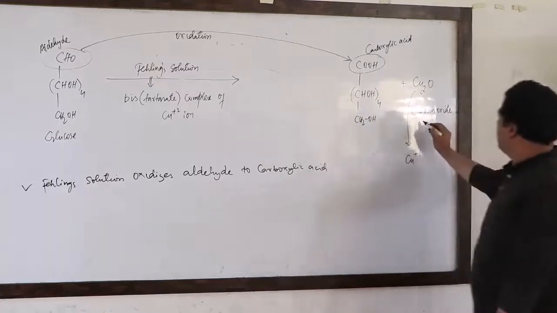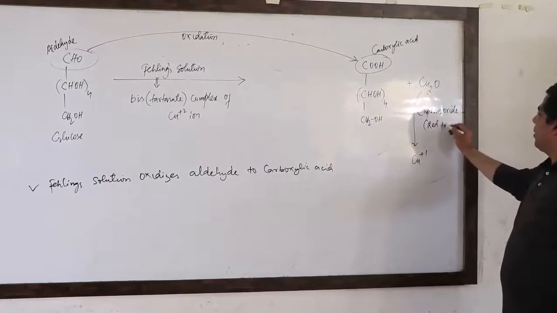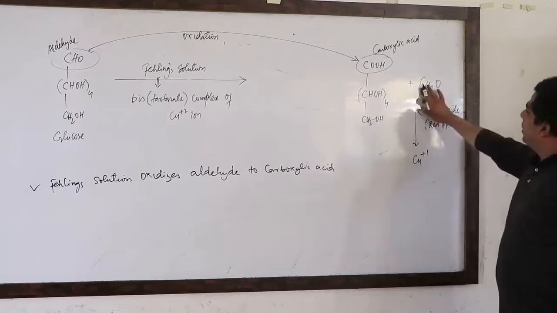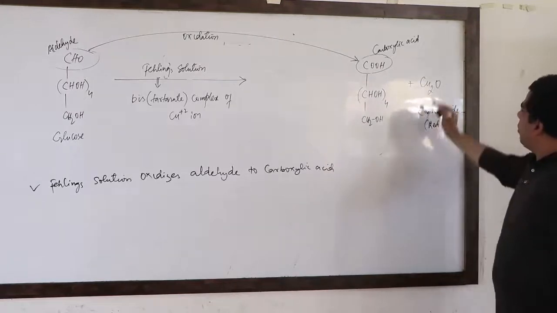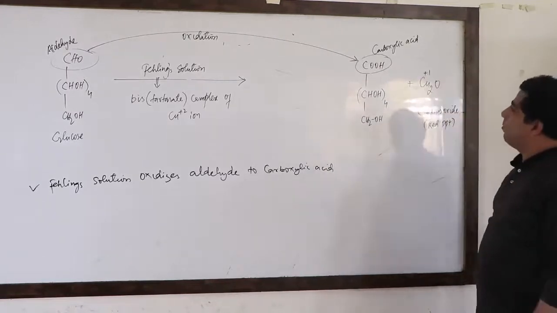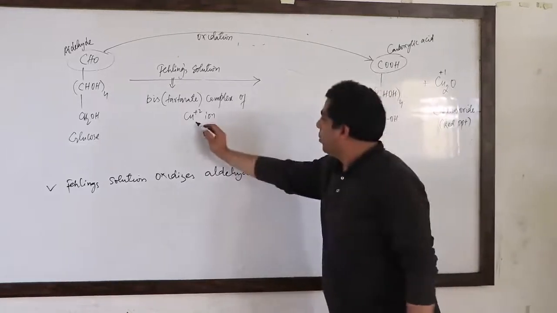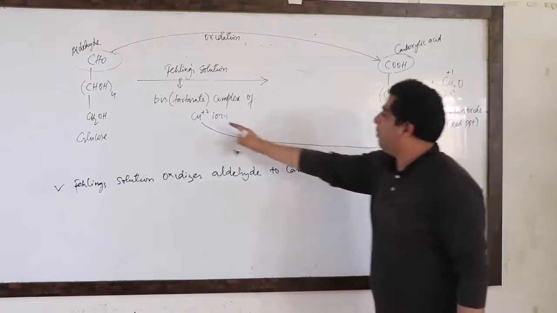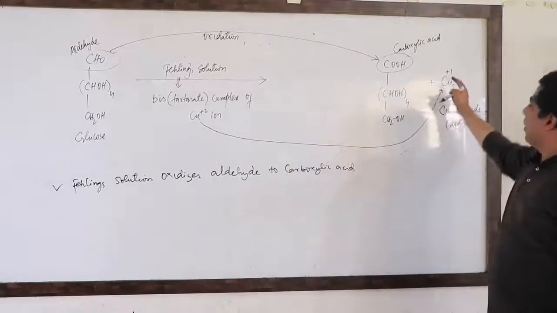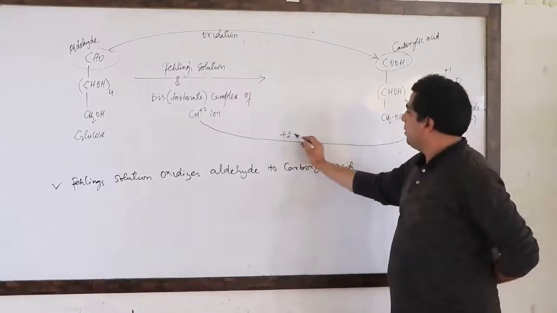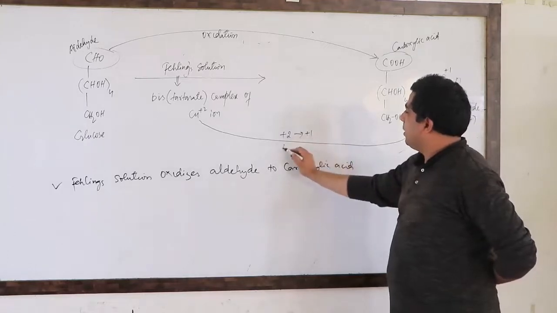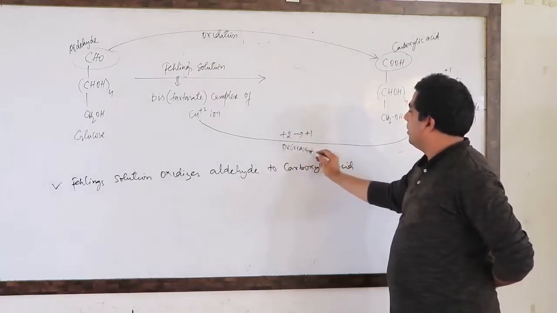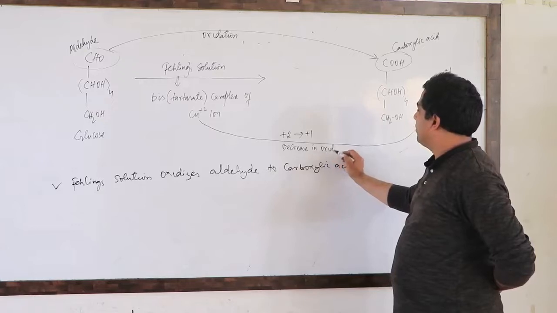And this is basically a red precipitate, red PPT. Now look here, you are going from +2 to +1. +2 to +1 is nothing but a decrease in oxidation state.